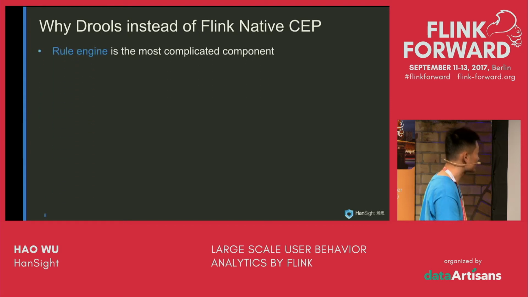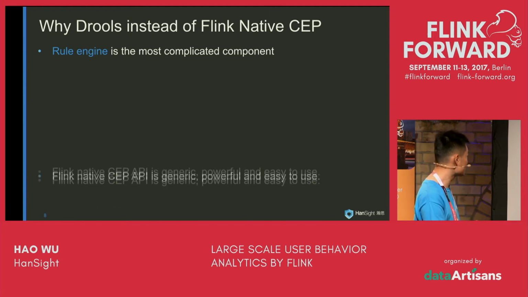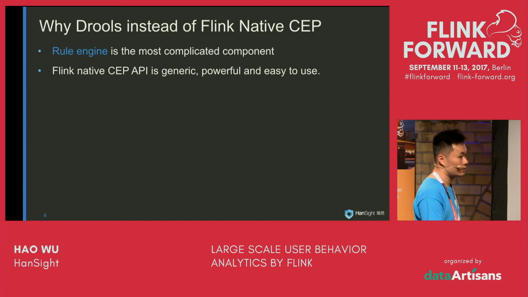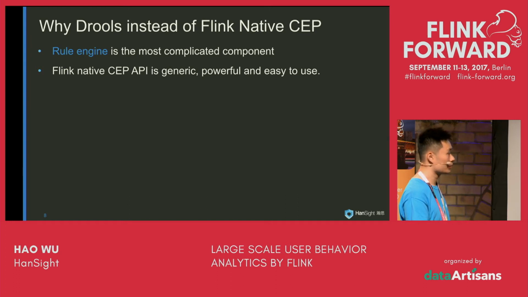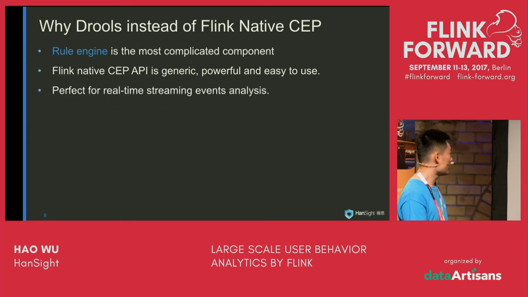The rule engine is the most complicated component, especially something like Drools. Drools is an Apache project. Flink CEP, as you may have used it, is easy to use, generic, powerful, and perfect for real-time streaming event analysis.